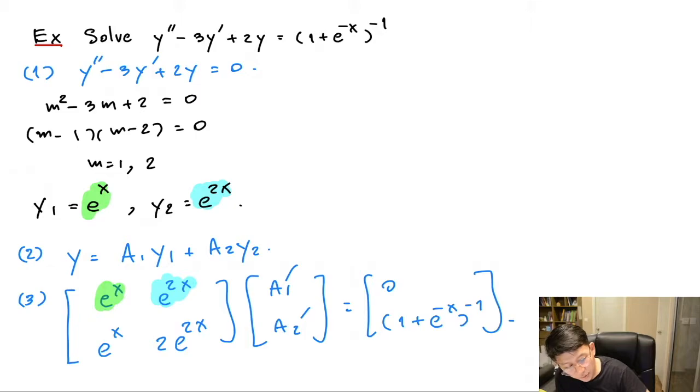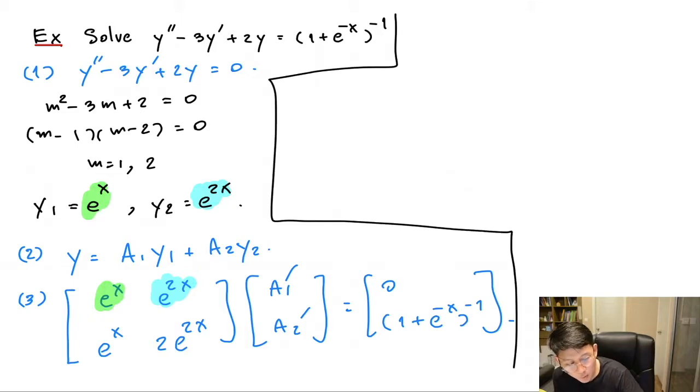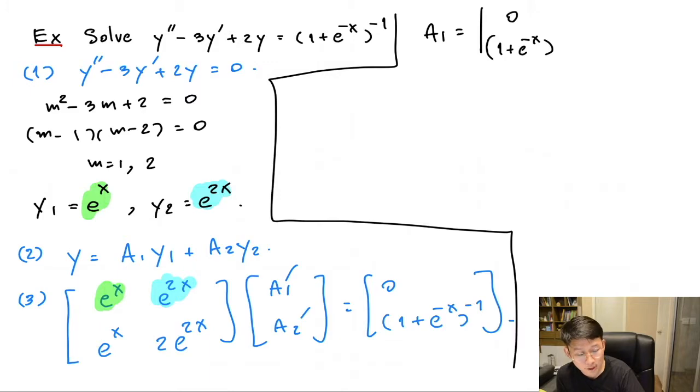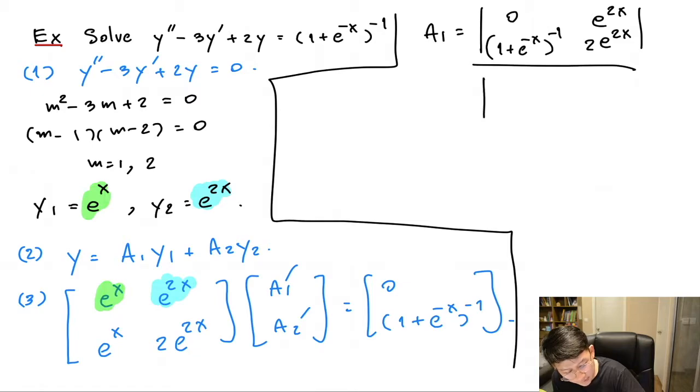Then we're going to solve for a1 prime. We use Cramer's rule, right? We put 0 and (1 plus e to the minus x) to the power of minus 1 in the first column, with e to the 2x and 2e to the 2x, divided by the determinant of e to the x, e to the 2x, e to the x, 2e to the 2x.